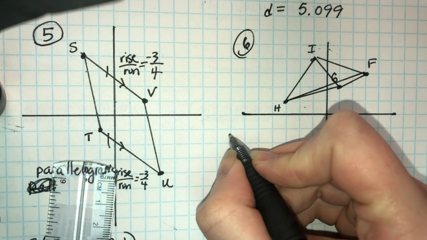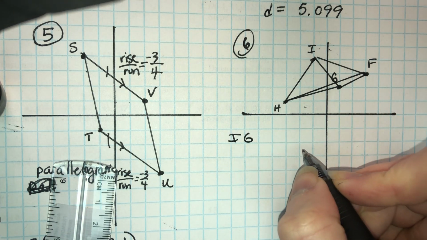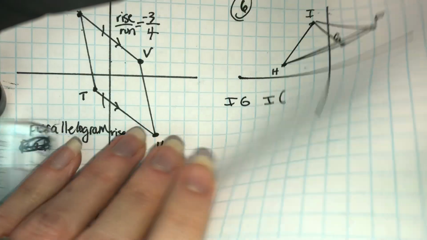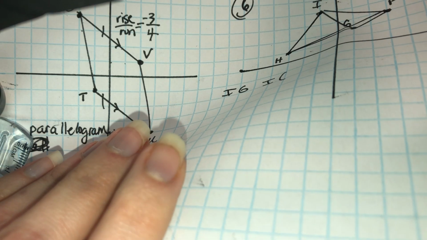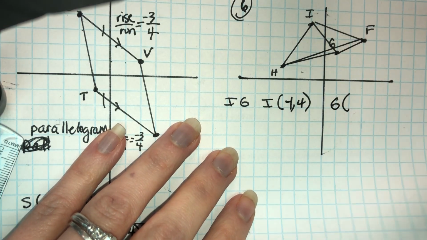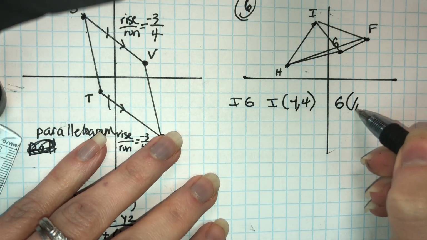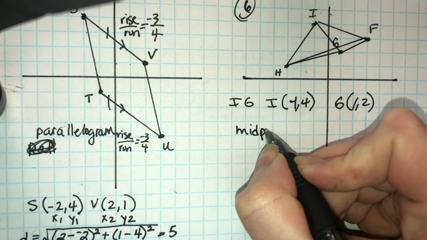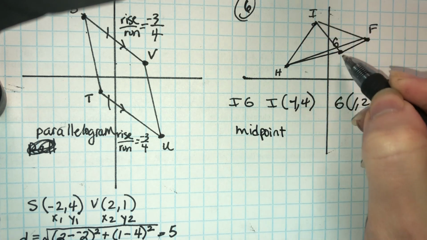So IG, we're going to find the midpoint for. So I is at -1, 4, and G is at 1, 2. So we need to find the midpoint of this segment.